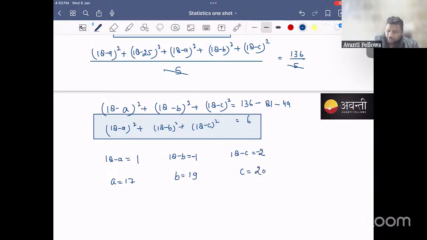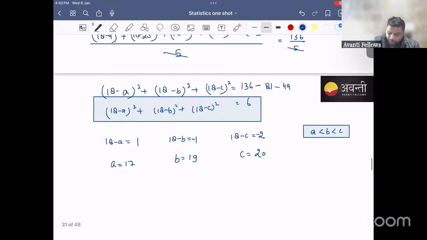Now all your conditions are fulfilled and A less than B less than C is also achieved. Got it? Now they are asking for 2A plus B minus C. So that is 34 plus 19 minus 20. So your answer will be 33.